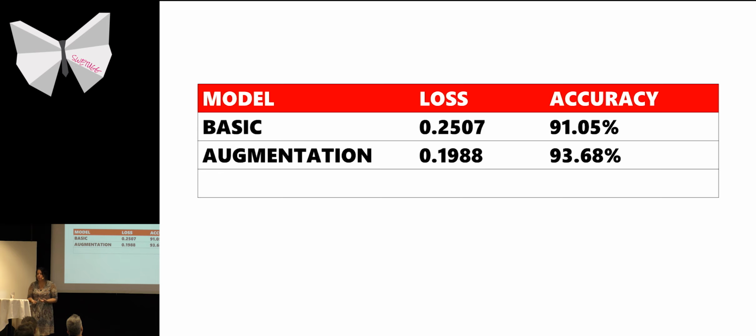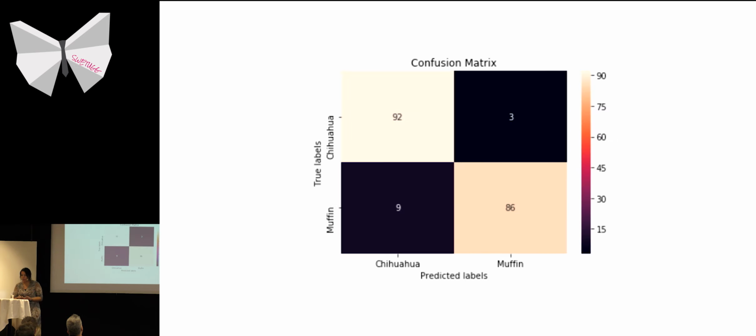But there is something really magic that we can do at this point. Actually, before we go into that, let's take a look at what accuracy means. So this is something called a confusion matrix, where we say, given 95 muffins or 95 chihuahuas, we got 92 of them labeled as chihuahuas.